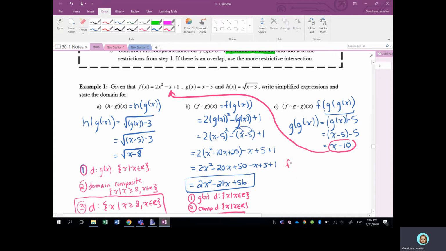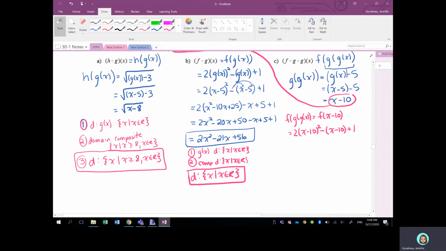So f at g at x is going to be f at x minus 10. So 2 instead of x squared, x minus 10 squared, minus, instead of x minus 10, plus 1.